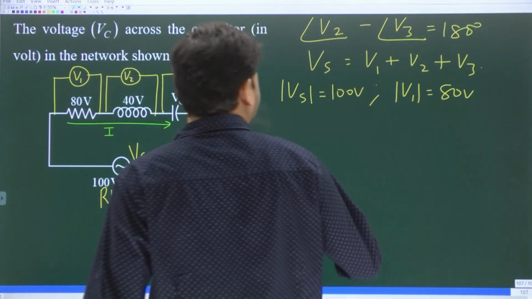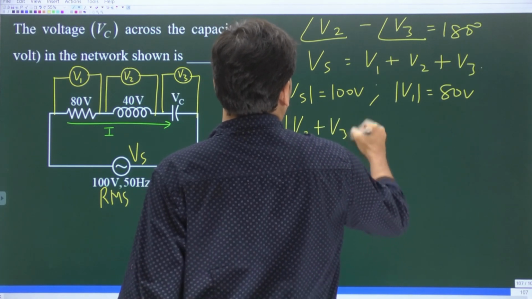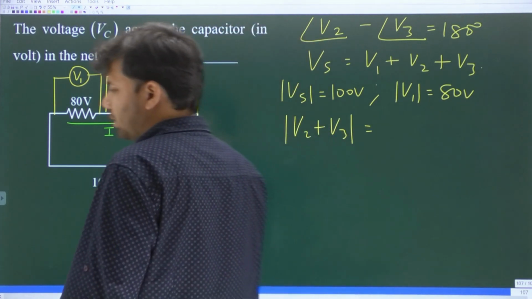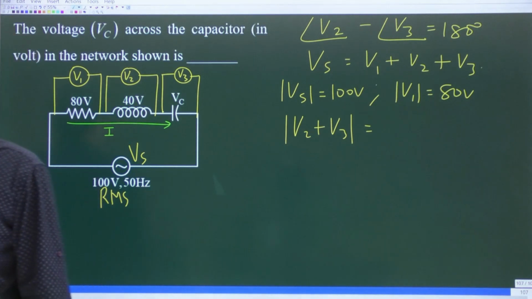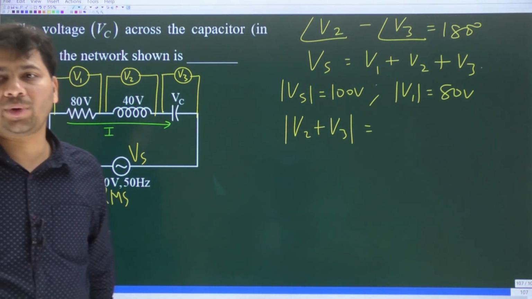Now V2 plus V3: can you tell me what the value of mod of V2 plus V3 is supposed to be?